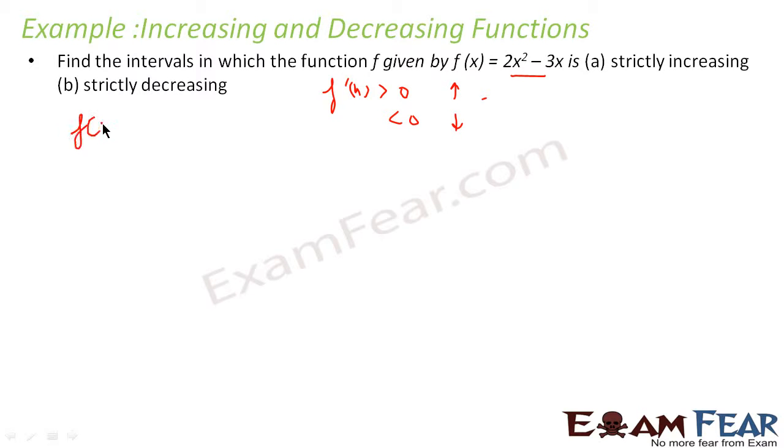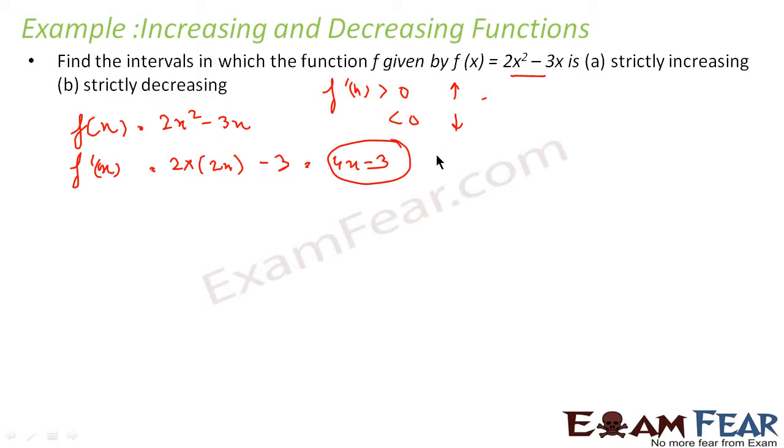If my f(x) is equal to 2x square minus 3x, my f dash x will be 2 into x square became 2x, and 3x became 3. That is 4x minus 3. Correct? Now if this function is increasing, this quantity has to be greater than 0.